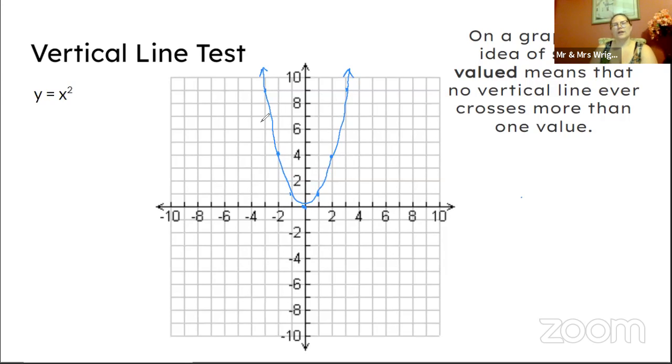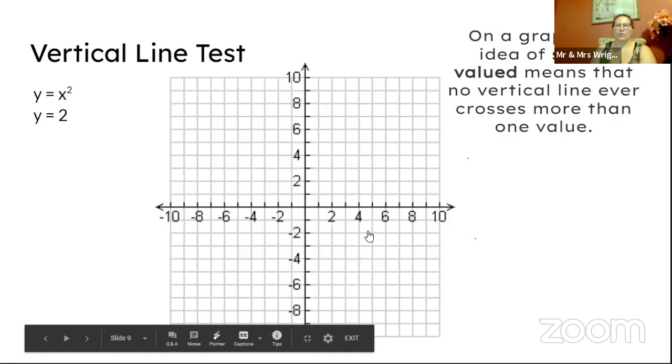I didn't go through this point, but it should have. If I were to take my pen, my vertical line, and go across it, you'd see that I would never go across more than one point on this line at any given time. So that one is a function.